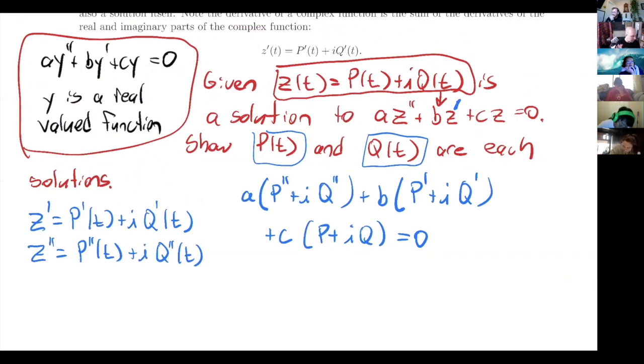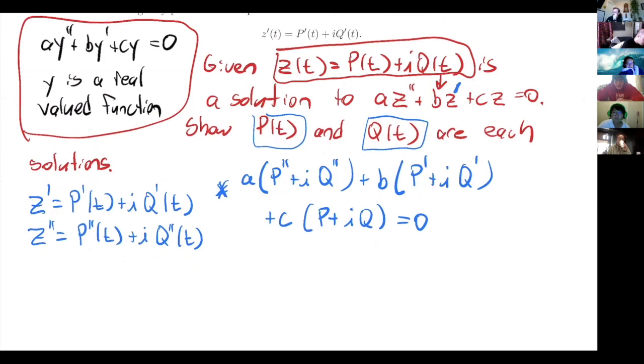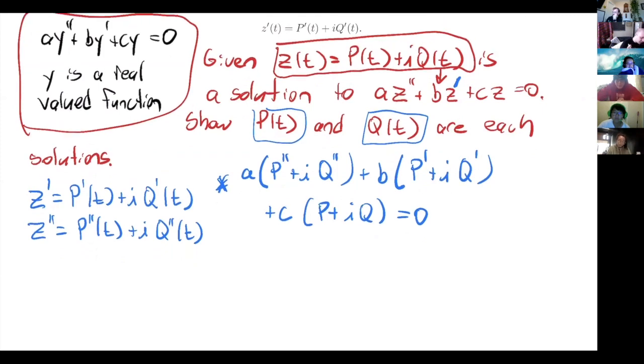Okay. Any thoughts about what we can do with this equation over here? Can we group the p's and the iq's together, and then pull an i out of the q's? Yeah, so let's group the real and imaginary parts together. So we've got a p double prime plus b p prime plus c p.